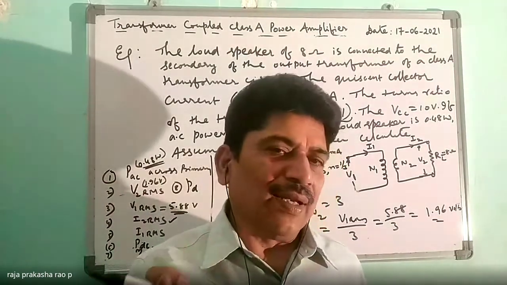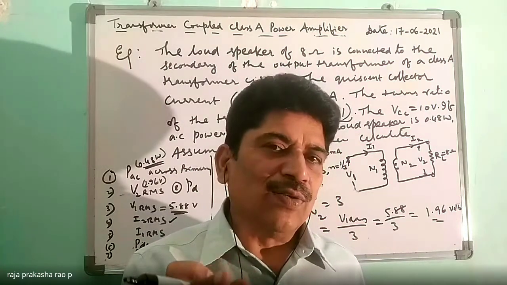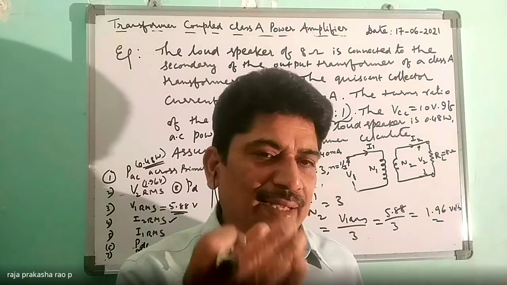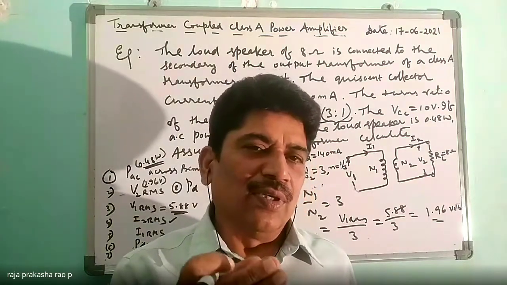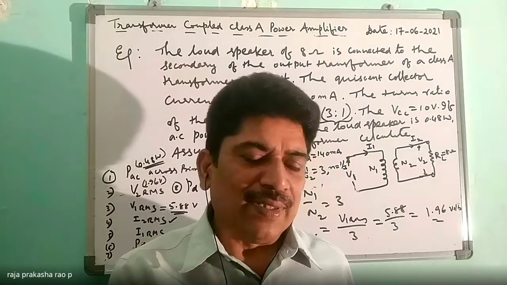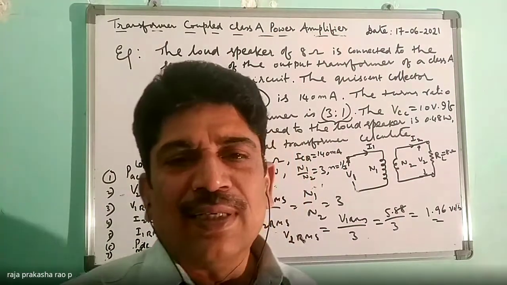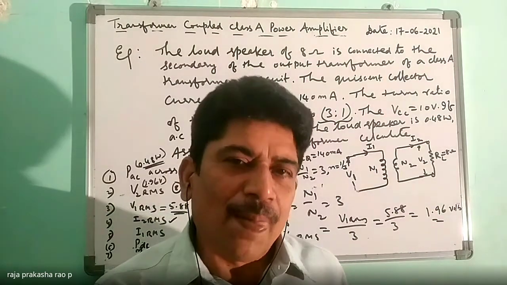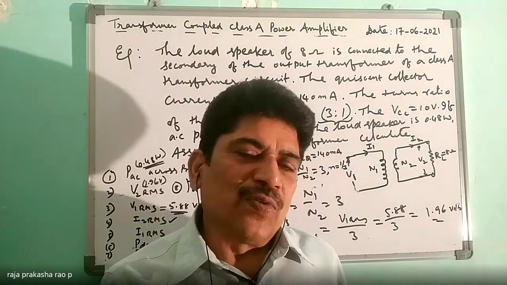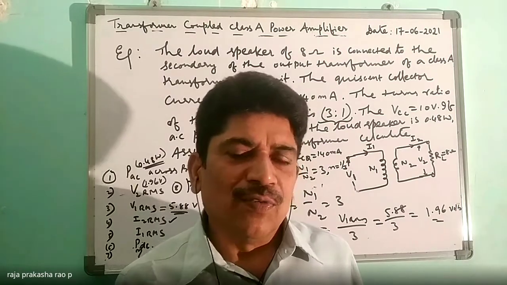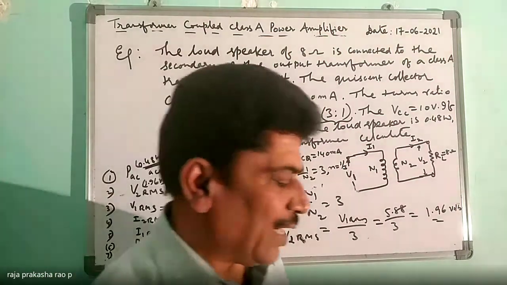It is I square RL. So you can write it as I2 RMS square into RL, not RL dash, because in the secondary we are talking about, right? The same power will be developed in the secondary also. So I2 RMS square into RL is equal to 0.48. From that equation, we can find out I2 RMS.